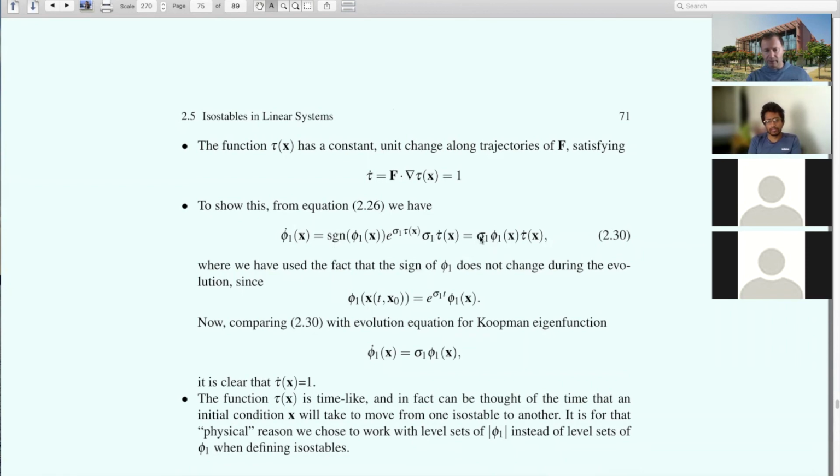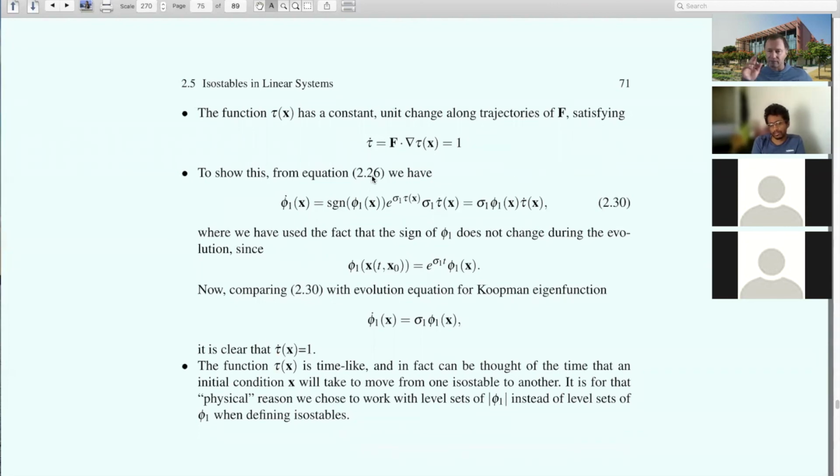Then we have sigma 1, and we have tau dot. So phi 1 dot from this expression here is sigma 1 phi 1 tau dot, but we know phi 1 dot is sigma 1 phi 1, therefore tau dot must be 1, right? So that proves that tau is an interesting physical variable. Actually, it's a variable that has a constant change along the trajectories of f. It's kind of a dynamic time, if you wish.